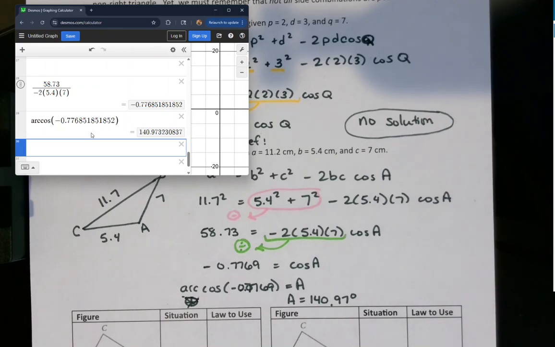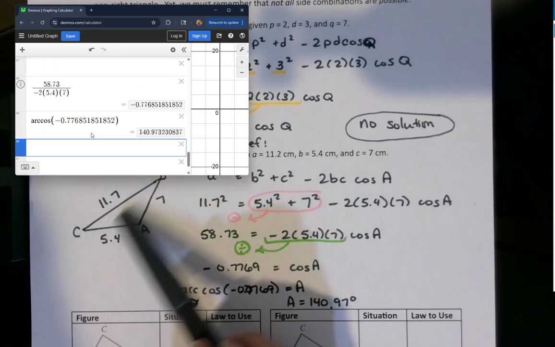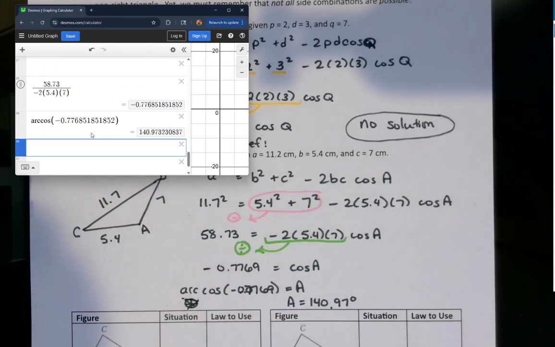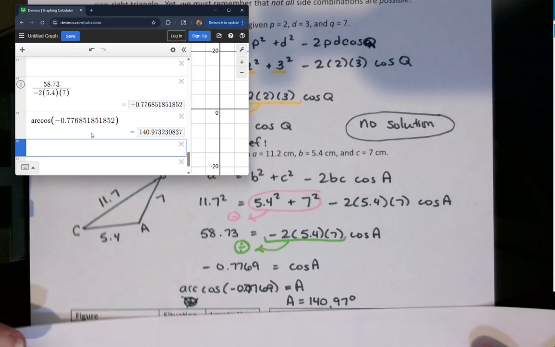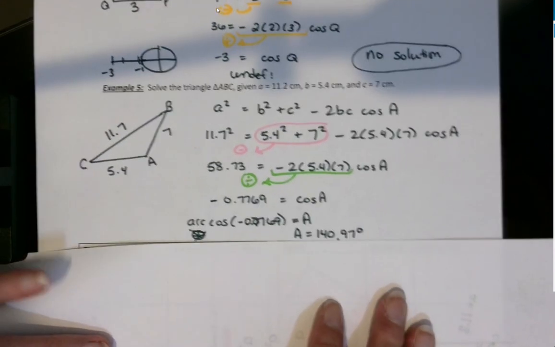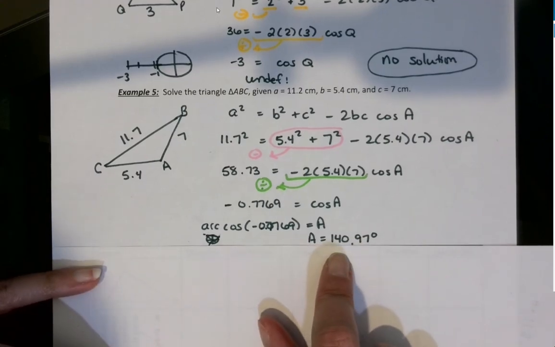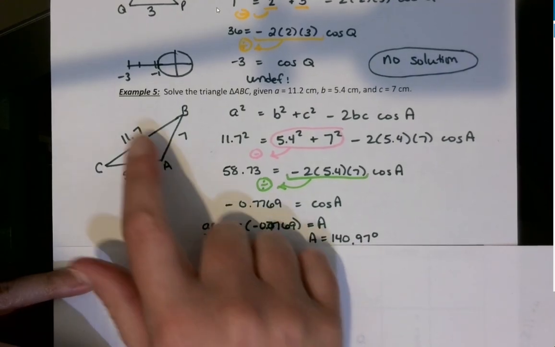Okay. I need a little more space so that I'm able to solve for the rest of the things. I have one angle. I already had all 3 sides, so I need to find the other 2 angles. I'm going to make use of the back side of my previous page. If you have room to sneak this in somewhere else, you may try to do that. Now that I know angle A, I have a pairing of an angle to a side.